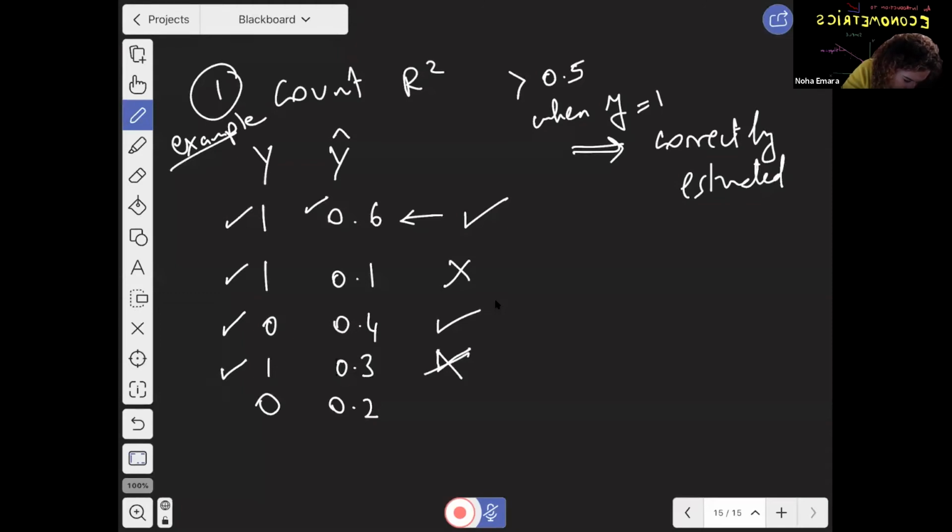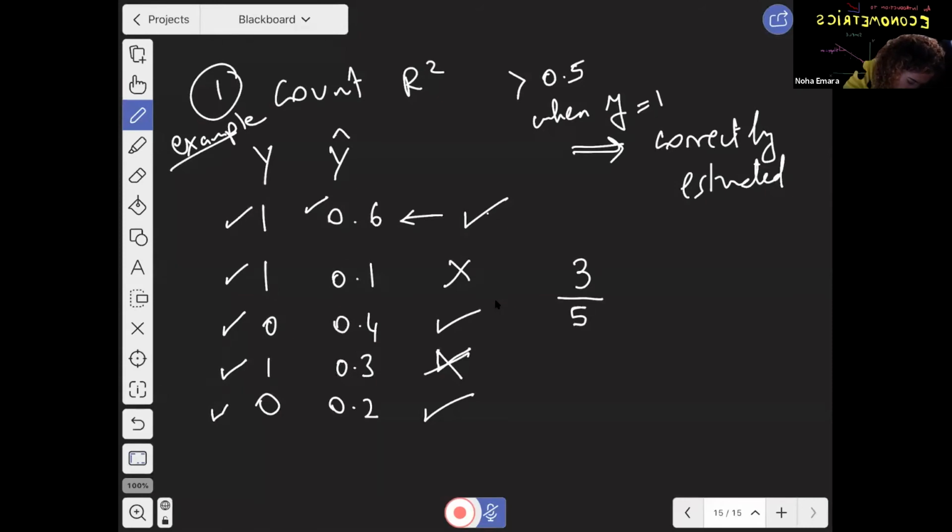Next, the number is 0, and this one is less than 0.5, then this is correctly estimated, right? So what this R square is basically going to do is it's going to count how many are correctly estimated. It's 3 out of the 5 that are correctly estimated, right? 1, 2, 3.